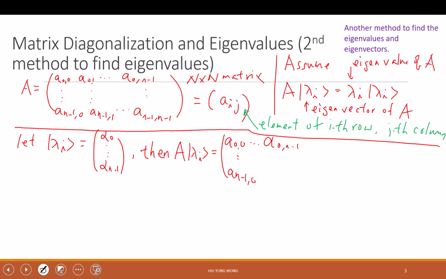A n minus 1,0, all the way to A n minus 1,n minus 1. This whole thing times alpha 0 all the way to alpha n minus 1. Right? When I say A applied to |λi> equals this, it's just this matrix times this vector, right? Any questions so far for this notation?